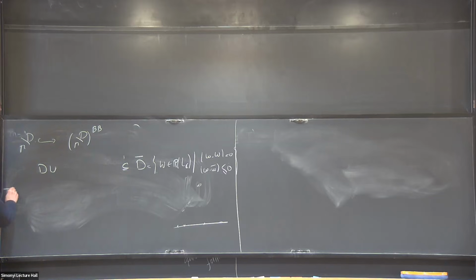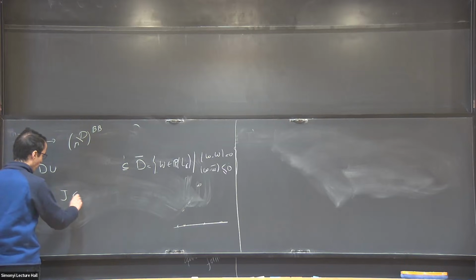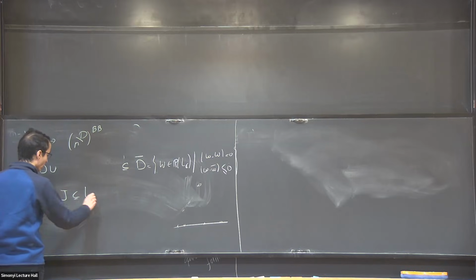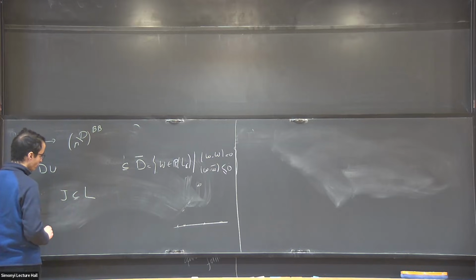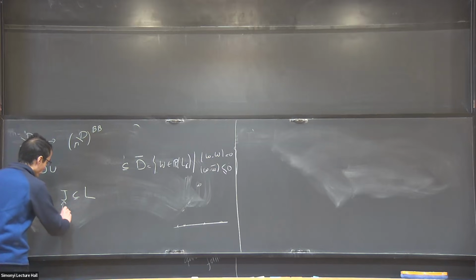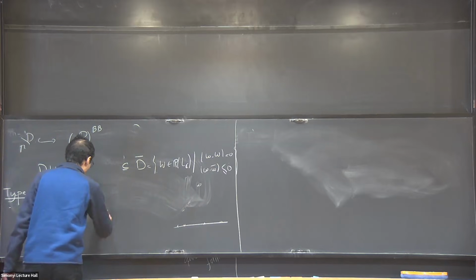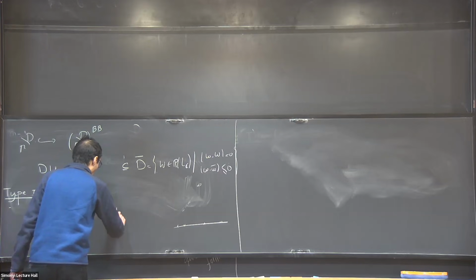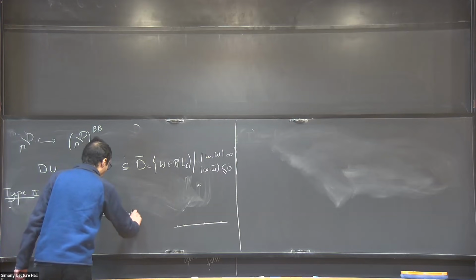So there is what I would call type 2 components, which are obtained by the data of a totally isotropic rank 2 submodule L. So this is a rank 2 totally isotropic one.